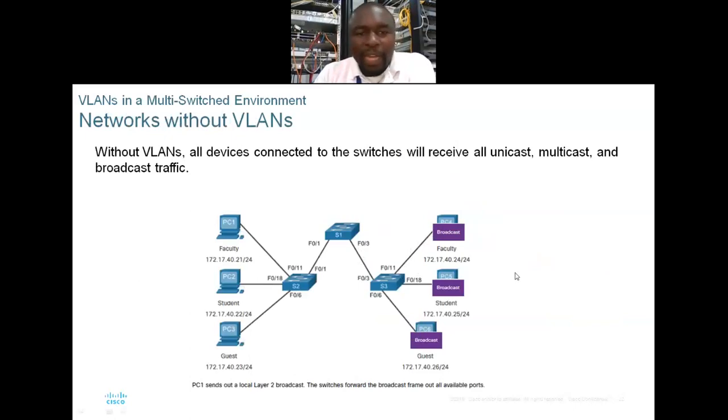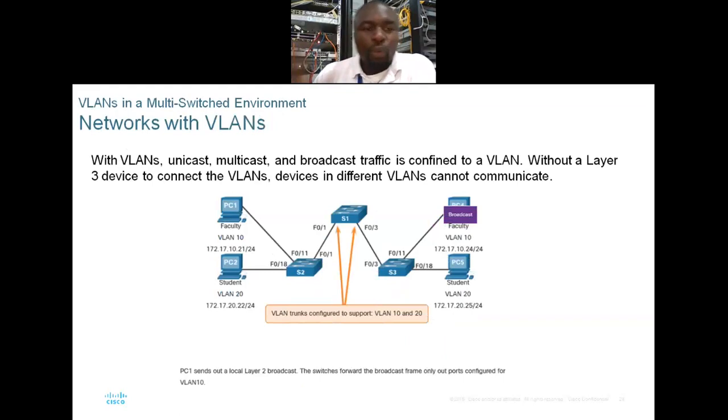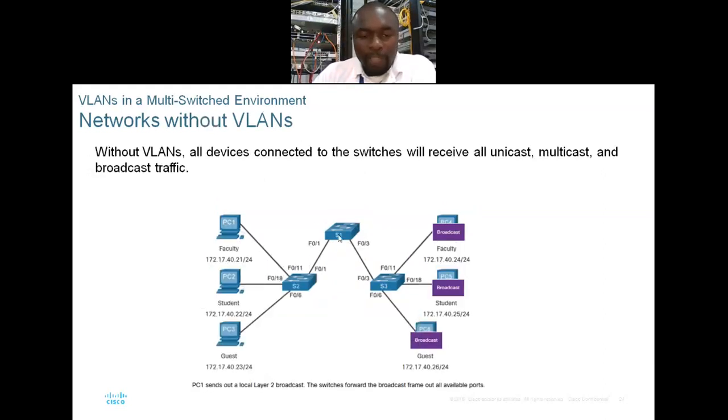Now, without VLANs, all devices connected to the switch will receive all unicast, multicast, and broadcast traffic. With VLANs, unicast, multicast, and broadcast traffic is confined to a VLAN, and without a layer 3 device to connect the VLANs, devices in different VLANs cannot communicate. What are we saying here? That if I have this particular guest VLAN, it can only communicate with another guest VLAN here.